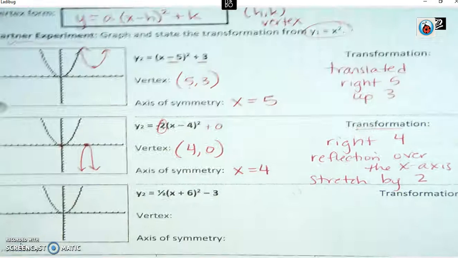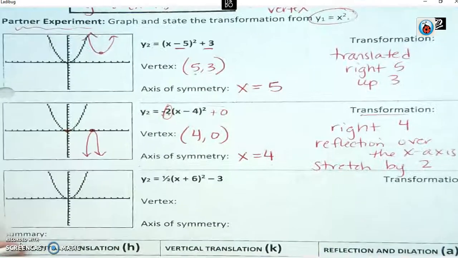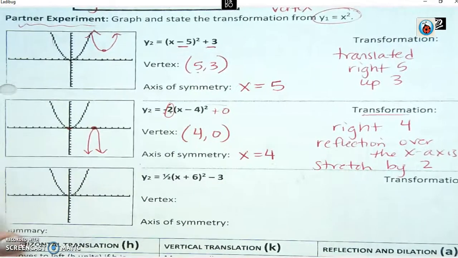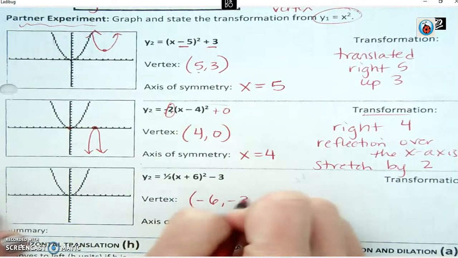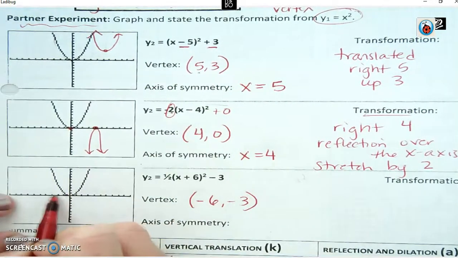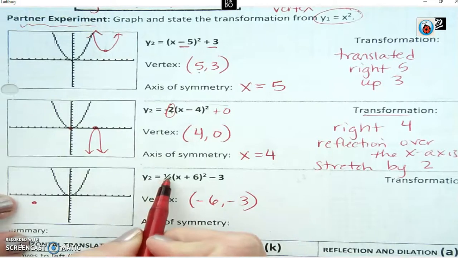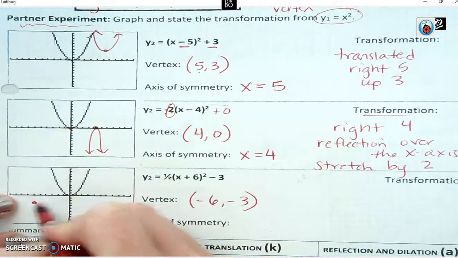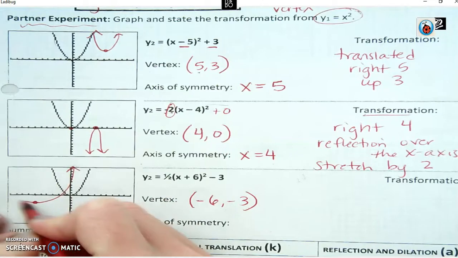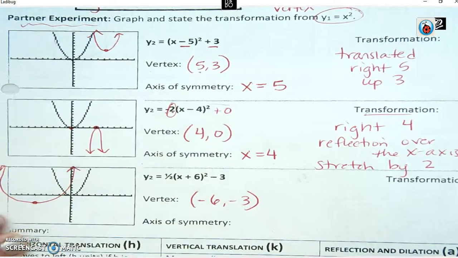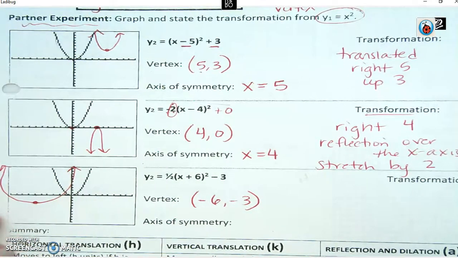All right, and then our last example for now, 1/2 times (x plus 6) squared minus 3. Again, I encourage you to put that in Desmos. The vertex would be negative 6, negative 3. This one opens up because it's positive, and the 1/2 actually makes it wider when you multiply it by 1/2 because you're shrinking it.